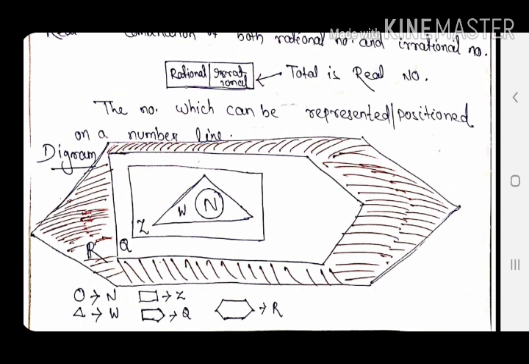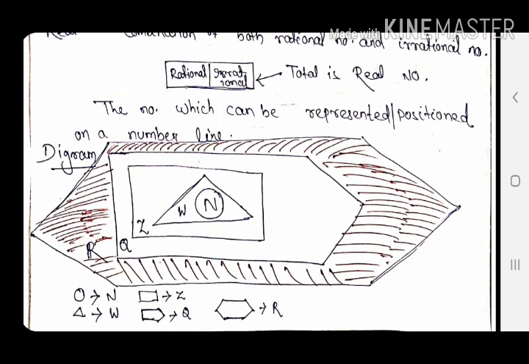And outside the triangle, in the rectangular shape, there are some negative numbers, minus 5, minus 10, minus 8. So the rectangle denotes the total integers. In the integers there is natural number N in the circle, 0 in the triangle, and also some negative numbers which are not in the triangle but in the rectangle, in the outer space of the triangle.